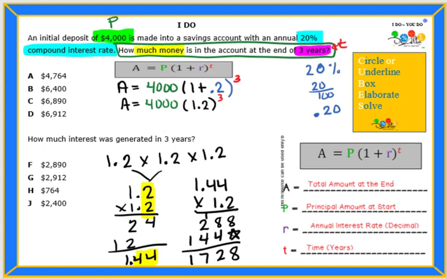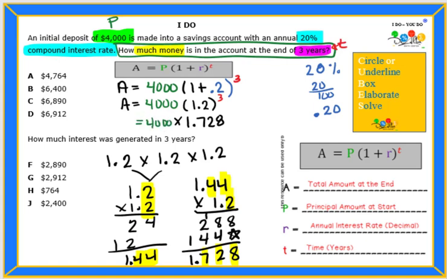And this time we have 1, 2, 3 numbers behind the decimal. So our decimal is going to go in between the 1 and the 7. So 1.2 to the power of 3 gave us 1.728.